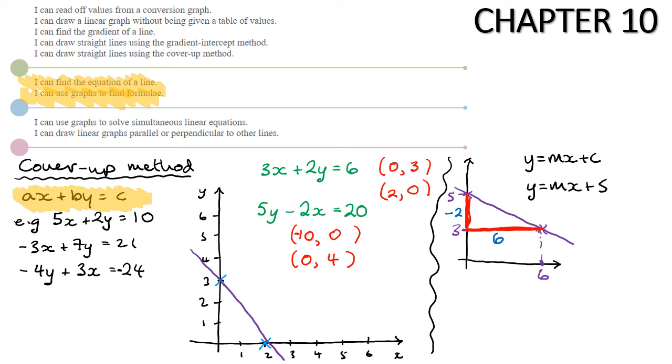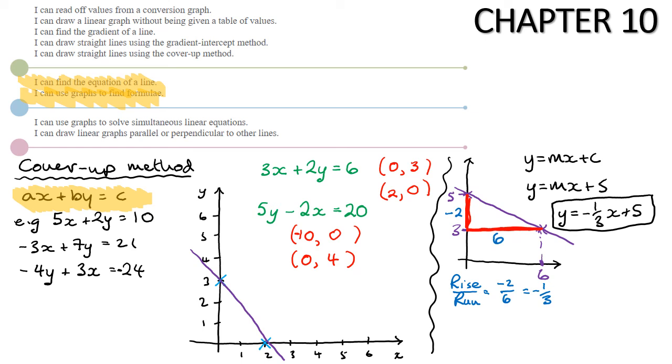So the gradient of this line, the rise over the run, how much it goes up or down by how much it goes across, is negative 2 over 6, which I can simplify to negative 1/3. That is the gradient. So I can finish off the answer by writing y equals negative 1/3 x plus 5. So that would be the equation of the line. I looked at the intercept and I worked out what the gradient was by picking 2 points on the line.